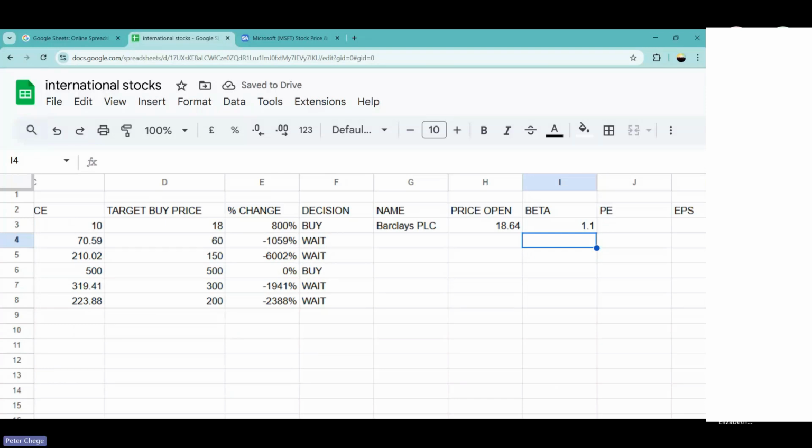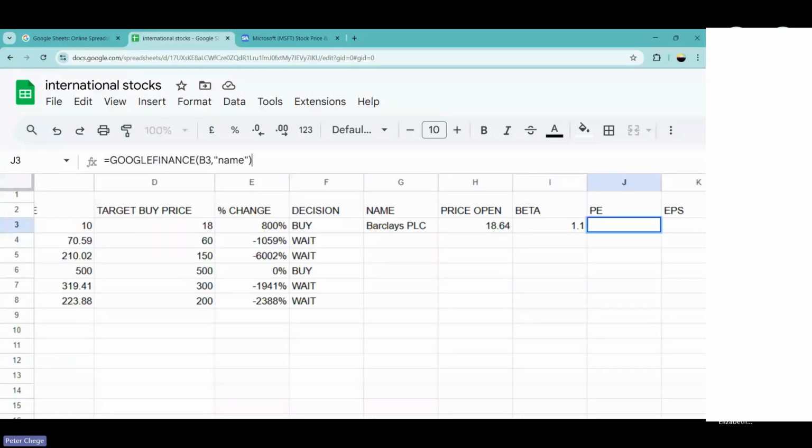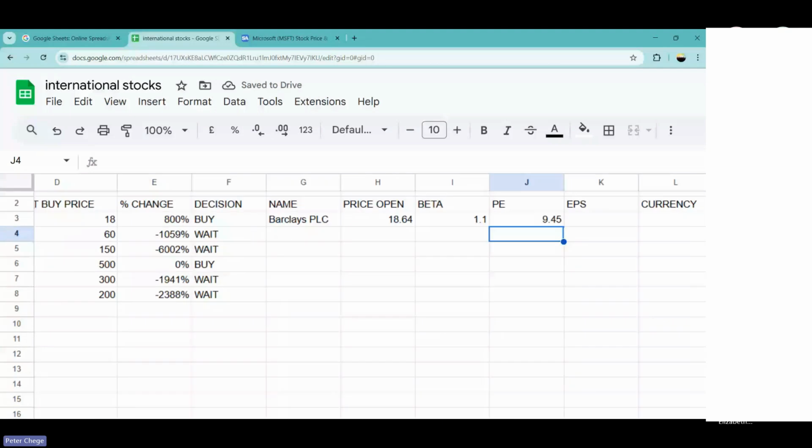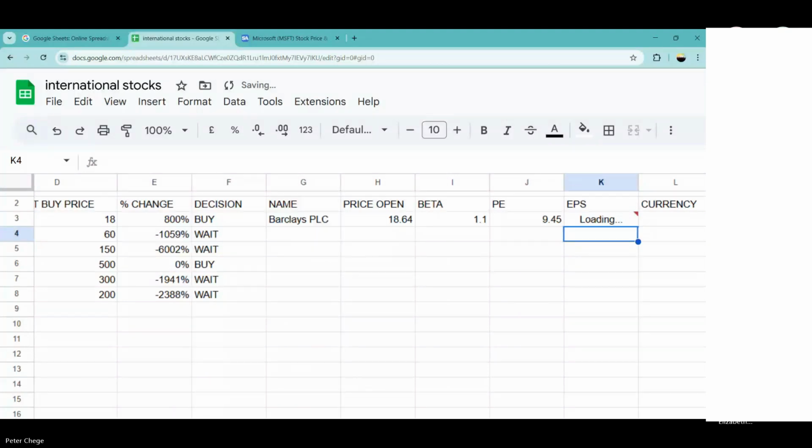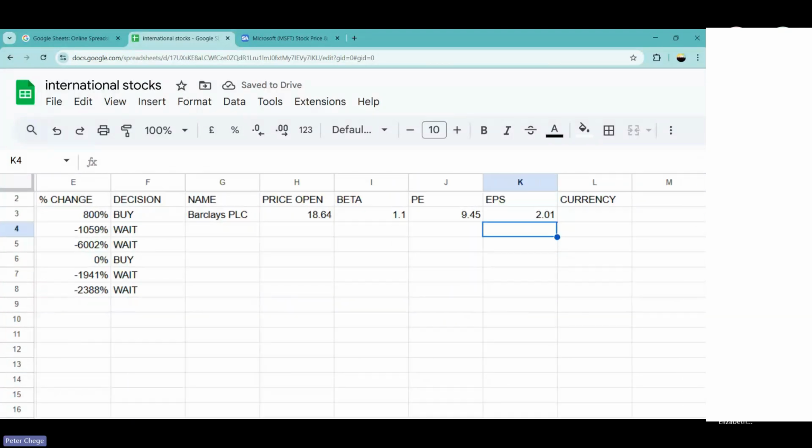Then PE ratio, see whether it can pick. Done. EPS. I'm just changing the formula. I'm just typing the formula here on top. Then I change to the code. EPS. There you have earnings per share, then currency.